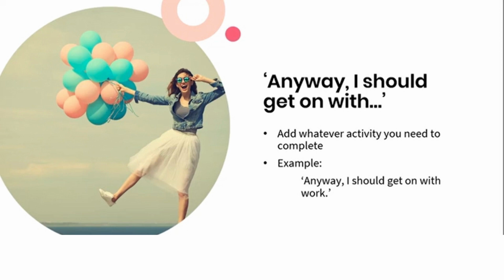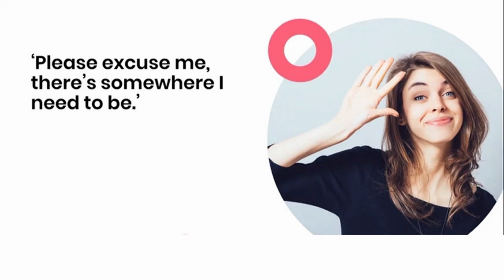This shows that you would like to continue speaking, but you have work to do that stops you from being able to speak for longer. The next phrase is, "Please excuse me, there's somewhere I need to be." You can use this phrase when you have somewhere else you urgently need to go.